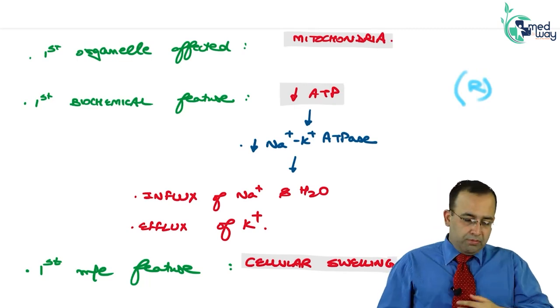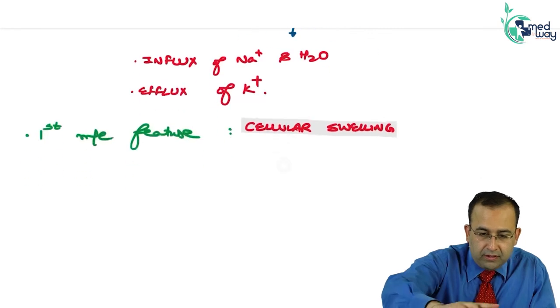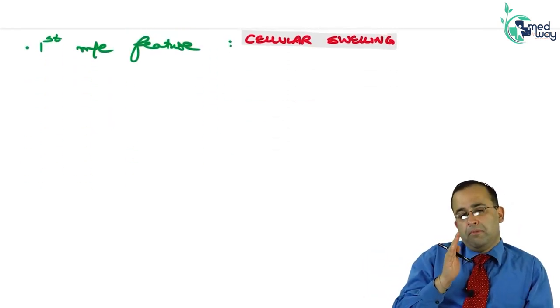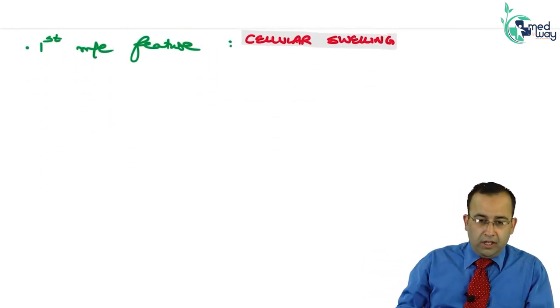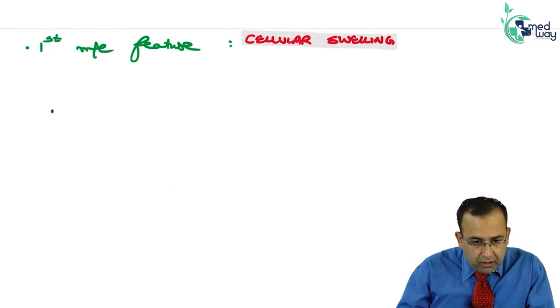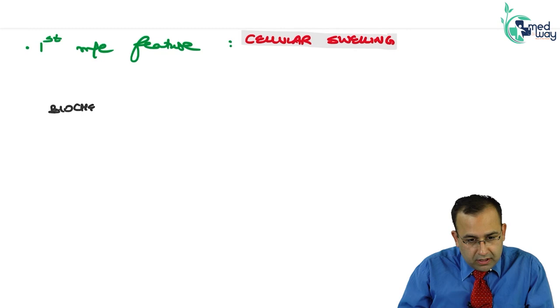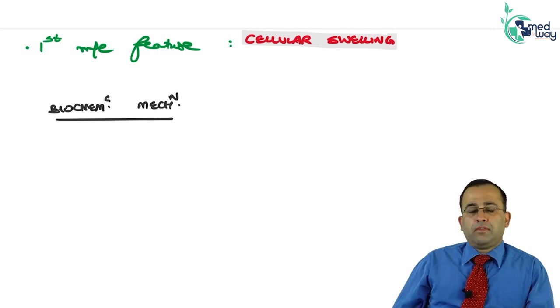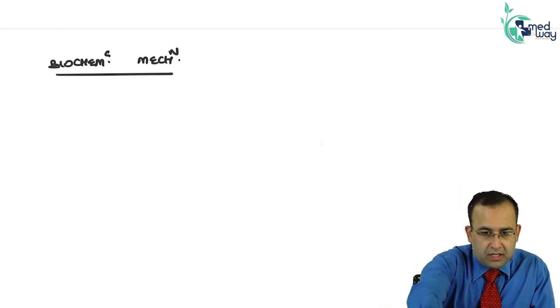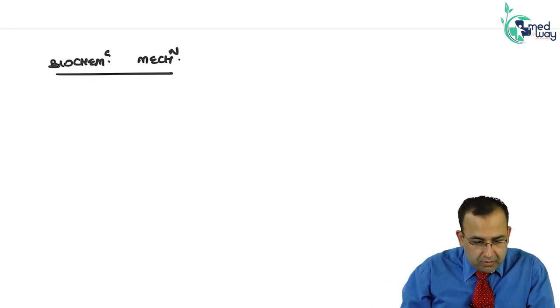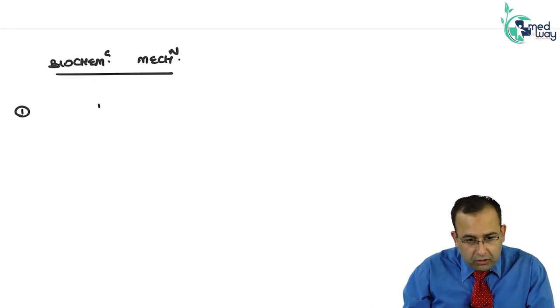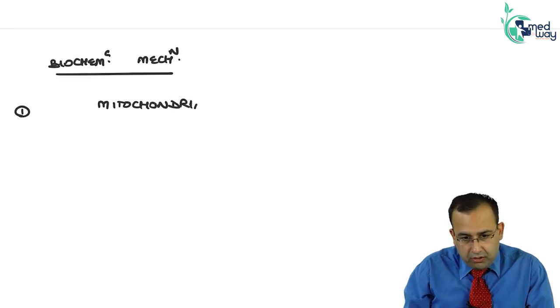Next point. So this is where we start with biochemical mechanisms of cell injury. The first biochemical mechanism of cell injury is mitochondrial damage. First organelle to be affected is mitochondria.